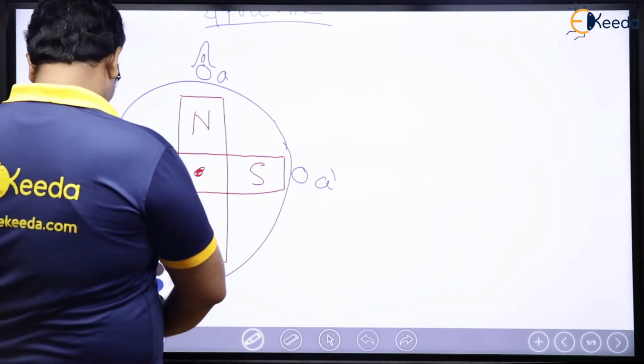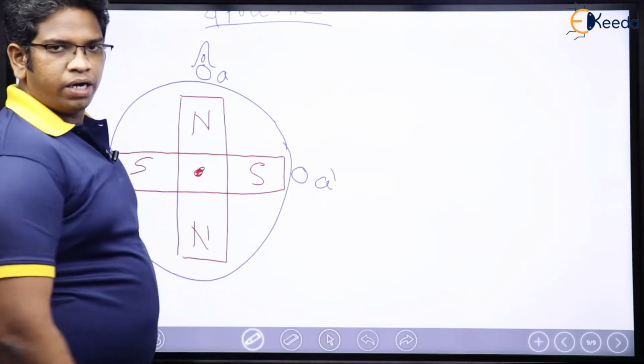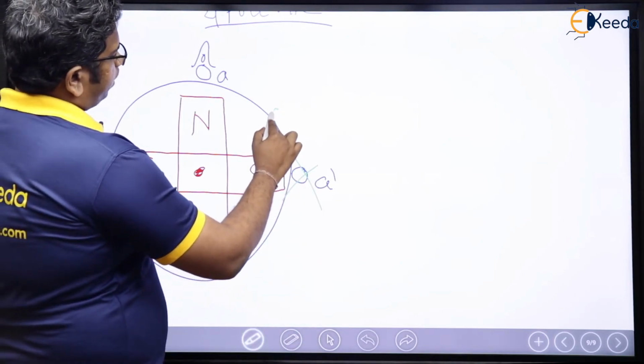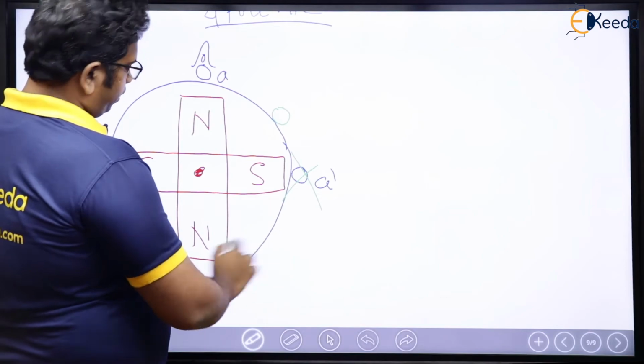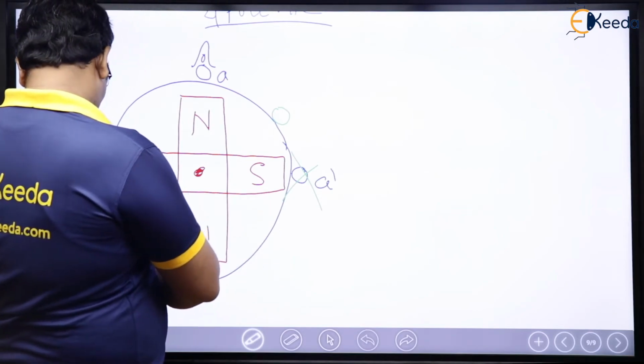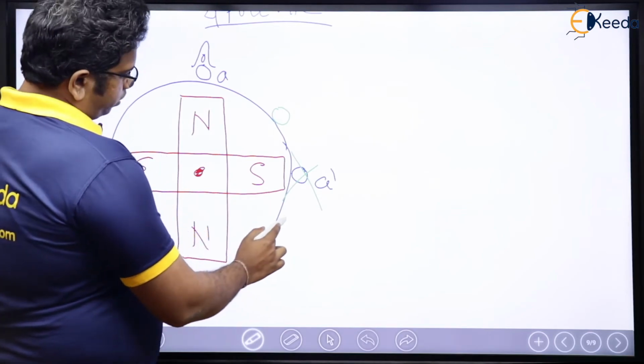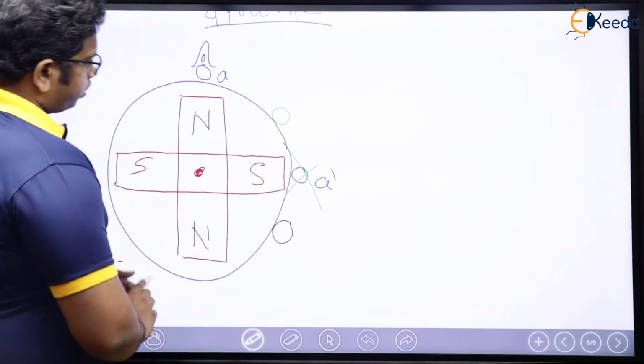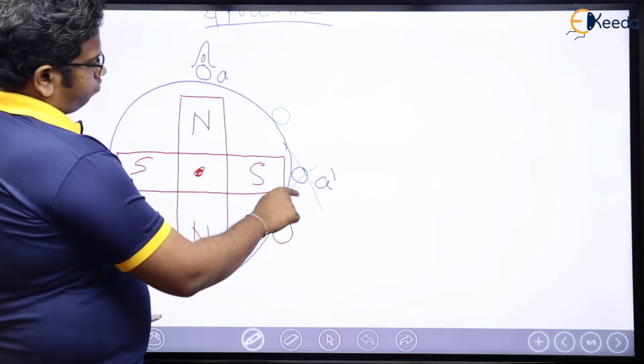But we are not going to place A dash here. We are going to place A dash either here or here. Now see here. This is full pitch.